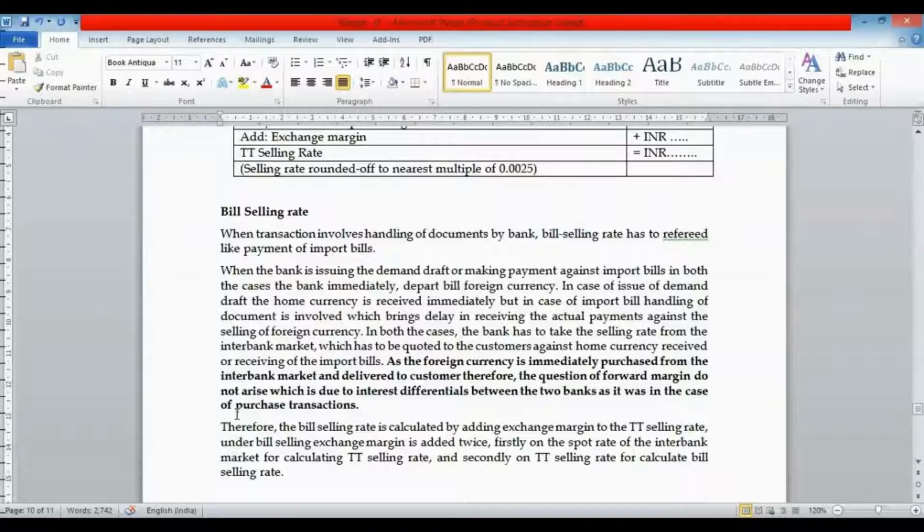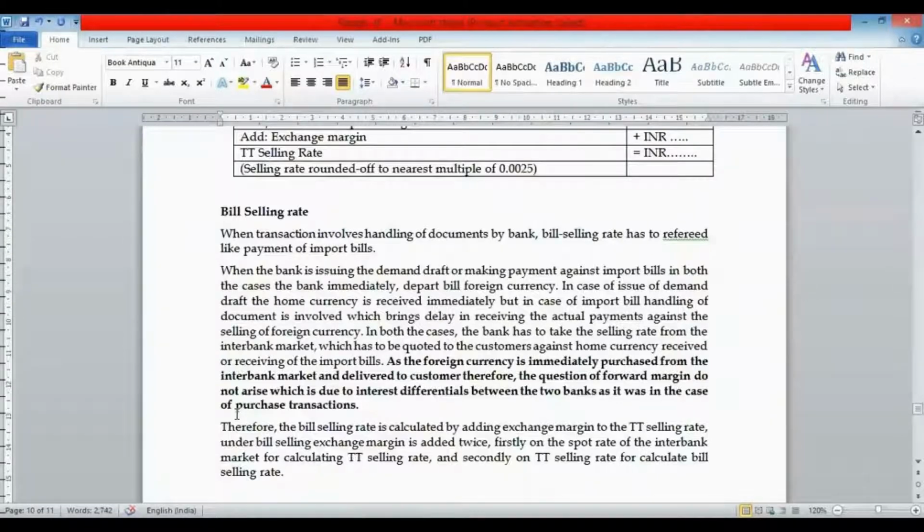Because the bank is holding the foreign currency for some period, the bank may gain or lose. If the bank is gaining, then it will pass the gain to the customer in the form of discount. But if, for holding the foreign currency, the bank loses, then it will be passed to the customer in the form of premium.